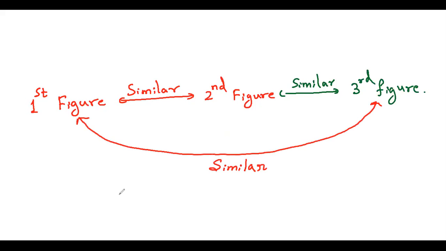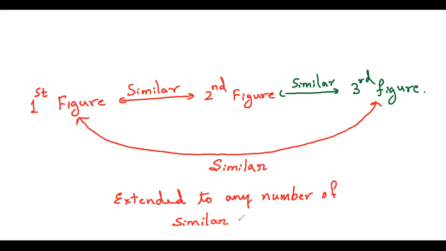And this concept can be extended to any number of similar polygons. That means if a set of polygons are related in a similar fashion, then any two polygons out of them will be similar to each other.